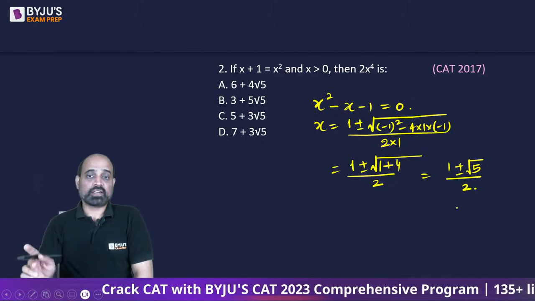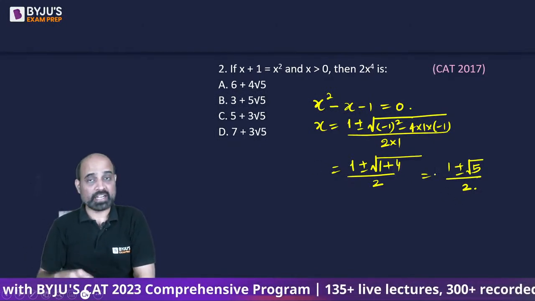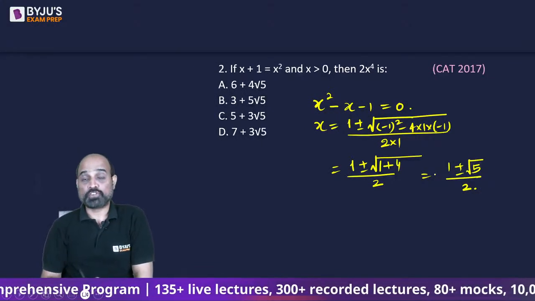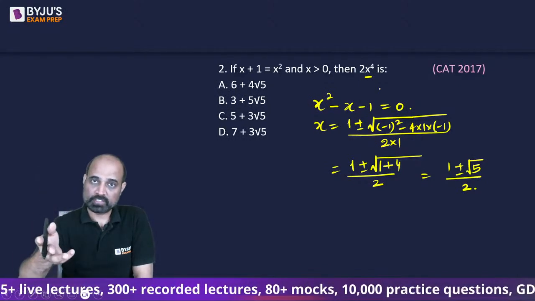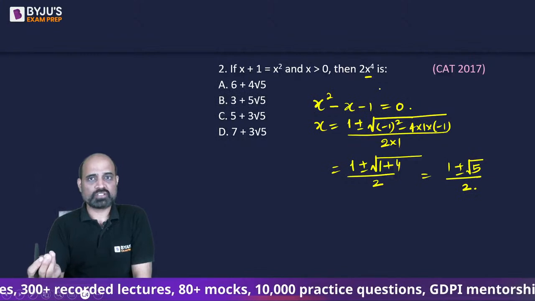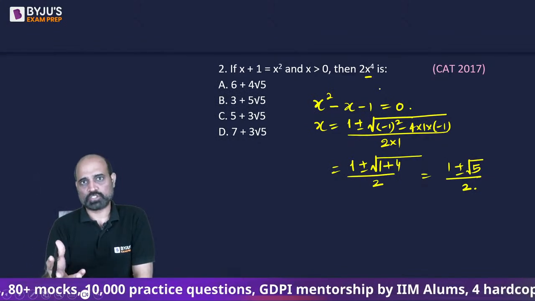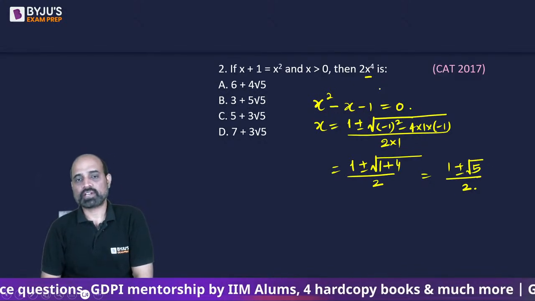Now, the value of x can be 1 plus root 5 whole divided by 2 or 1 minus root 5 whole divided by 2, which means x can be positive or negative. Now, we have to take the fourth power of x, which means it doesn't matter whether x is positive or negative, we are supposed to get the same answer, right?